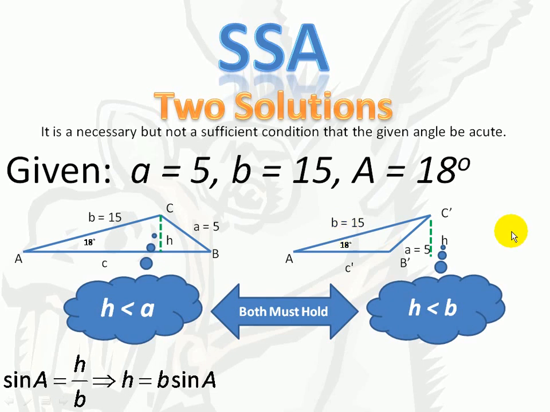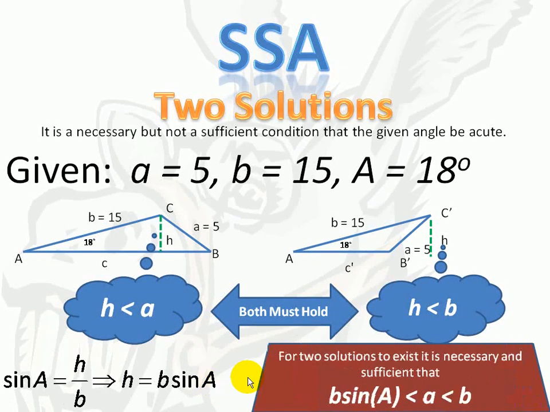What we're trying to do is devise a little test that you can use to determine if there are two solutions. If there's one solution or zero solutions, there's not really a lot to worry about. With zero solutions, you soon encounter a situation where you'll try to take the sine of a number bigger than 1. You know right away there's no solution. If there's one solution, or two solutions is the question. So here's what's going to determine if there's one or two solutions. Notice, H is equal to B sine A.